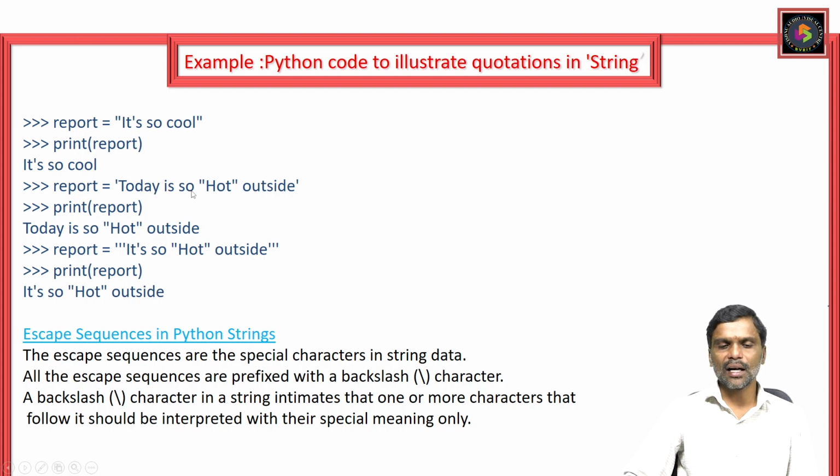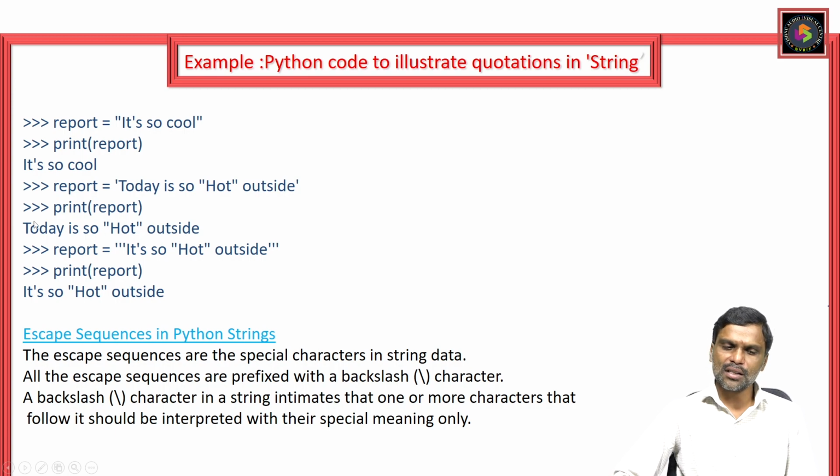It doesn't consider it as a separate string. You will get the output as today is so "hot" outside. It considers the single quote as the string itself, and hot is simply a character. Report, it is so hot outside.